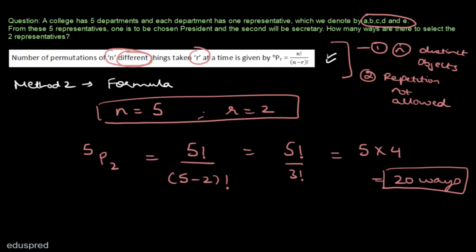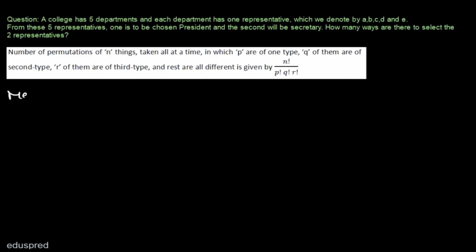Now let's move to our method number 3. Method number 3 is the anagram method. In this method, I'm going to use this formula to solve this question. Basically the problem is that we have 5 representatives and we have to select 2 representatives, 1 president and 1 secretary. Given this information, I'm going to divide these 5 representatives into different categories.